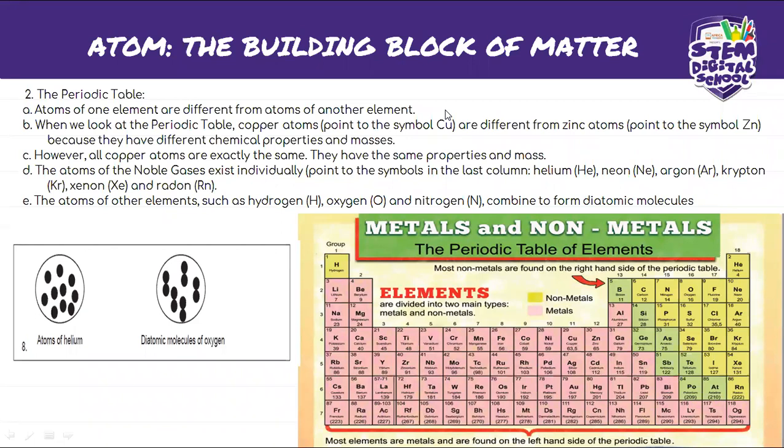So look at the periodic table. I want to say this. Mention the elements that are on your far right. Can you mention them? They are in group 18. So please write down the elements in group 18.